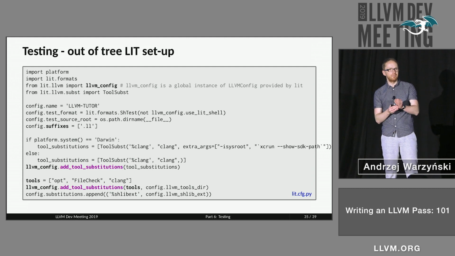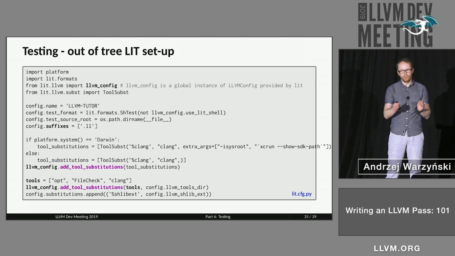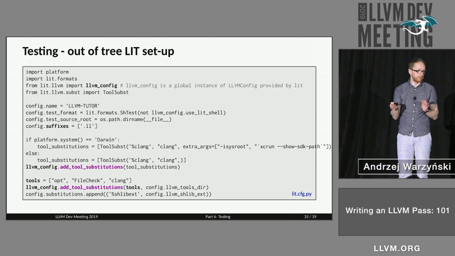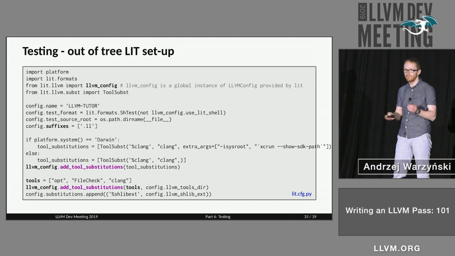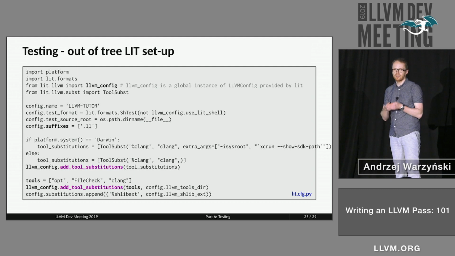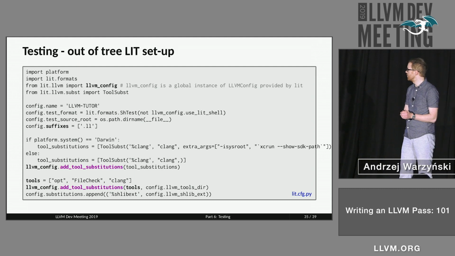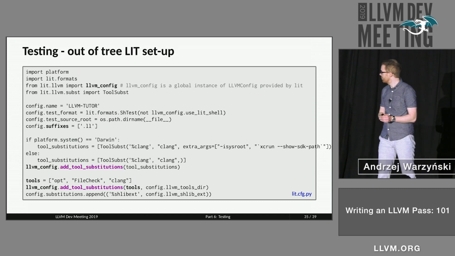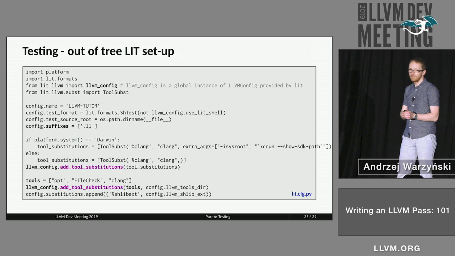But I don't want LLVM lit to just go and use any opt or any clang. I want it to use the one from the same LLVM installation I've been using all the way along. And that's important, right? Because you want to be consistent. And, well, this is a compiler, so you do have to be careful what you use and make sure that you're using tools that match. But otherwise, there's not really much else.